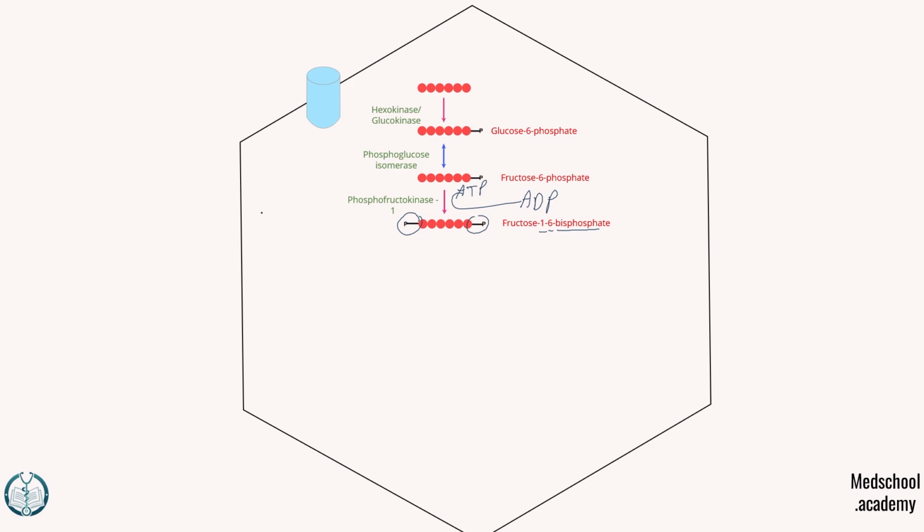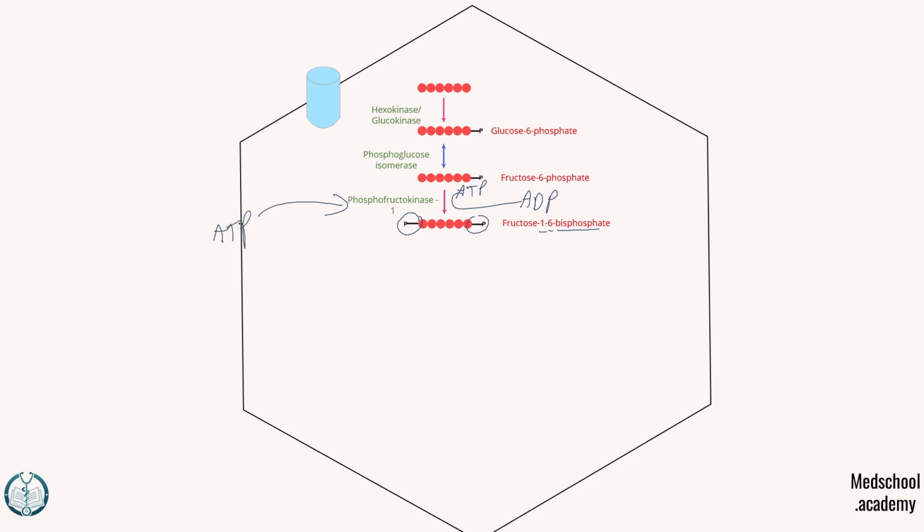So then the question is, what regulates the PFK1, or phosphofructokinase 1, enzyme? Think about it. The job of glycolysis is to create energy, right? So if there's a good amount of energy present, we wouldn't want to continue with glycolysis. What are some of the indicators of high energy?